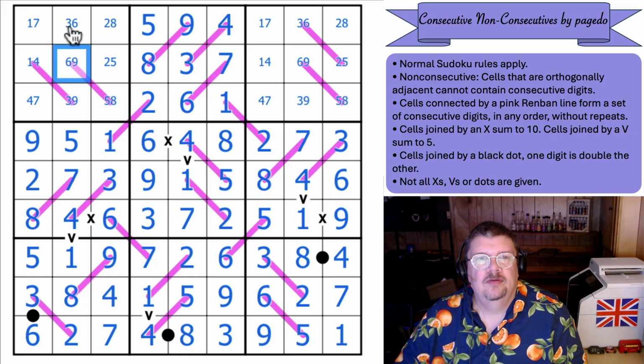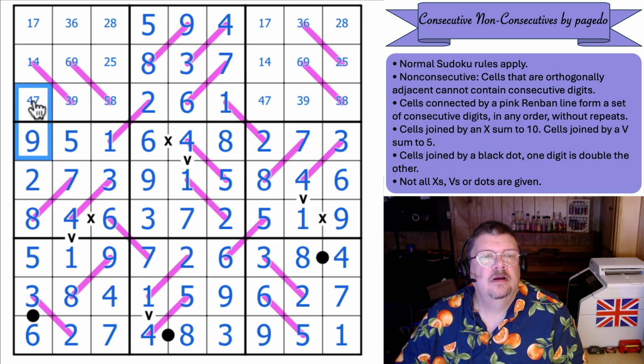This was 5, this would be 6, this would be 3. The non-consecutive would make that 8. That would be 2. 5, 6, 9, 8, 3. Is there some non-consecutive that I'm not spotting along here? 5, 9. No, that seems okay.